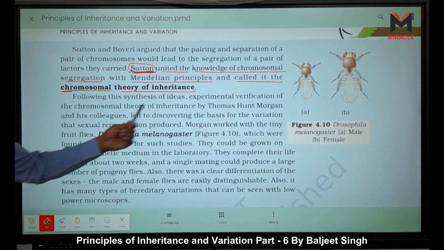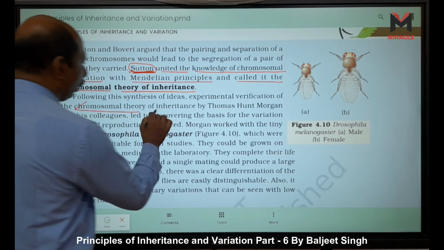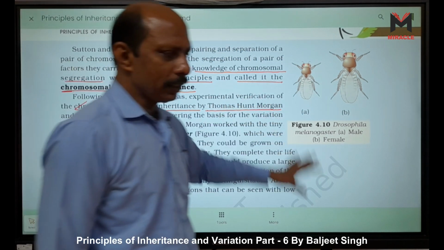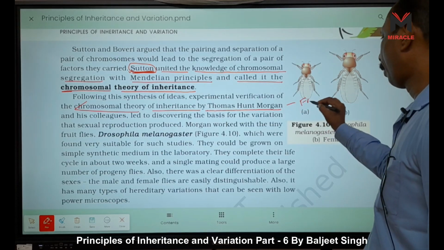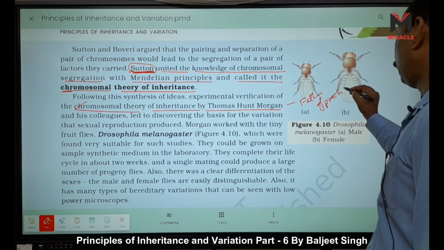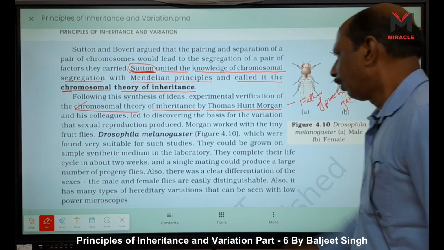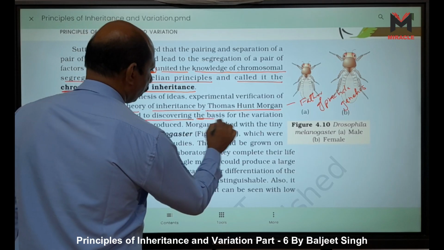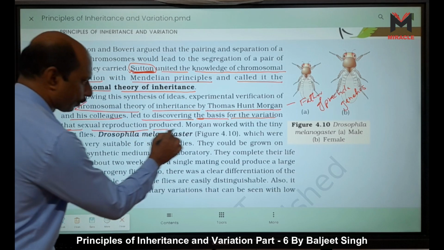Now, following this synthesis of ideas, there was experimental verification of the chromosomal theory of inheritance by Thomas Hunt Morgan. He is also called the father of practical genetics. Thomas Hunt Morgan and his colleagues discovered the basis for the variation that sexual reproduction produced.